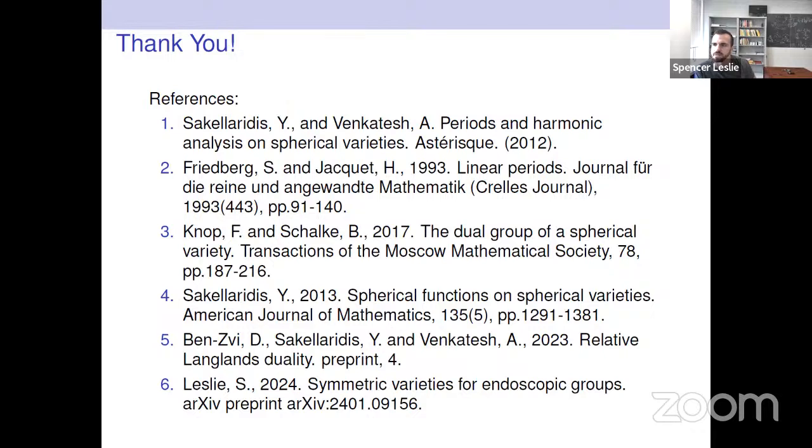He does regular supercuspidals, and he uses the structure of regular supercuspidals. It's basically an inductive thing. But now we can do it for non-supercuspidals, for arbitrary representations, using this sort of inductive structure.